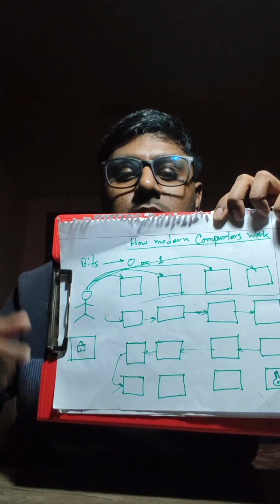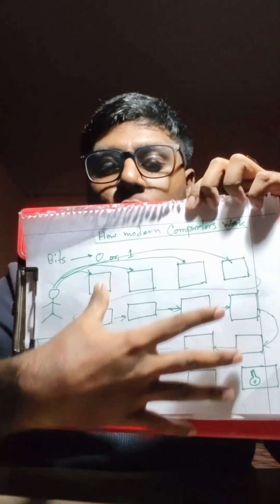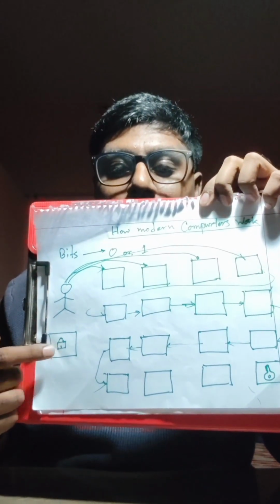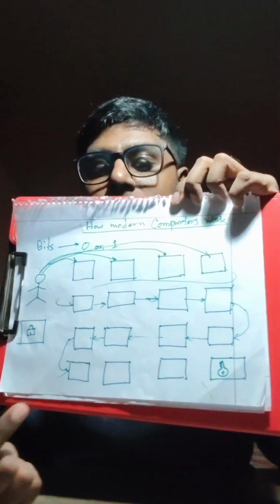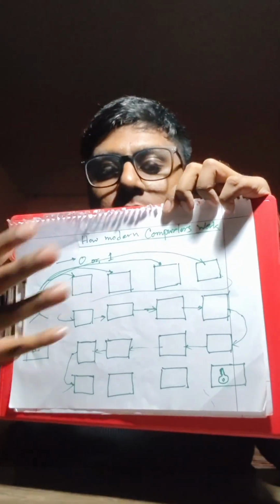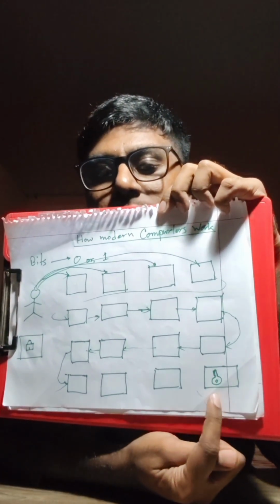Okay, so this is the thing. Now, suppose here are 100 rooms, 100 possibilities, and this man has to unlock this chest, but he needs a key, and that key can be in any room of these blocks. There are 100 blocks. You can see the key is in this block.